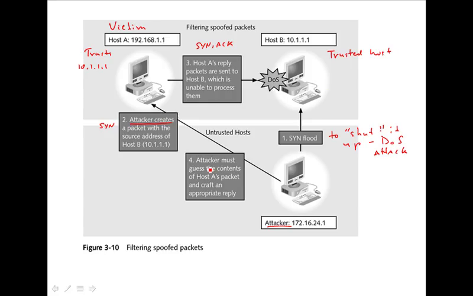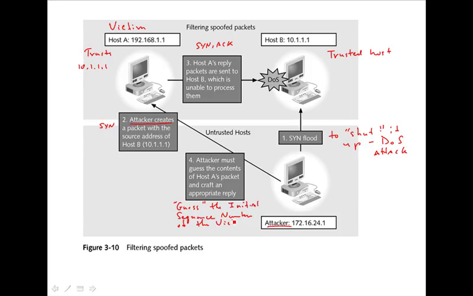So number 4, the attacker must guess the contents of host A's packet and craft an appropriate reply. What the attacker has to do is guess the initial sequence number of the victim.